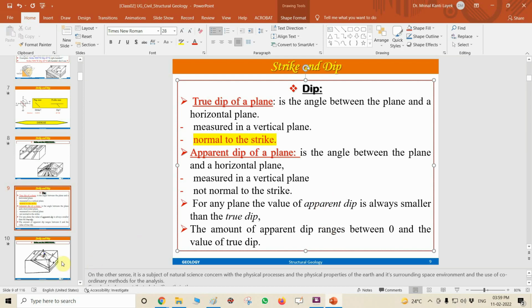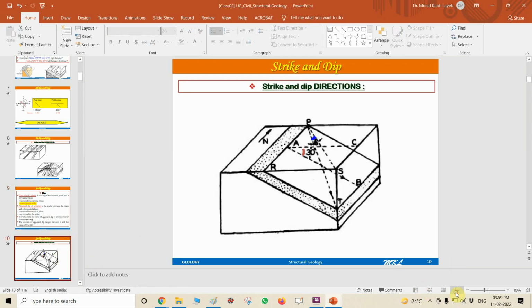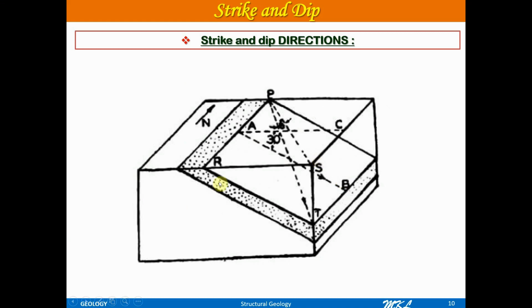To understand true dip and apparent dip, suppose this is the inclined plane, an inclined bed, and here you take AB perpendicular to the strike direction. Strike direction is here. The top layer of this cube or structure is your horizontal plane.